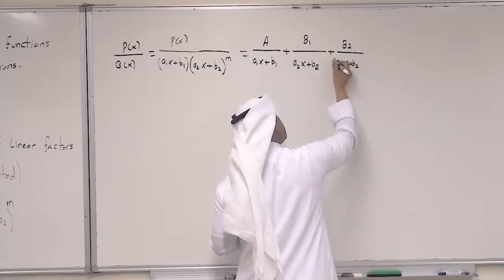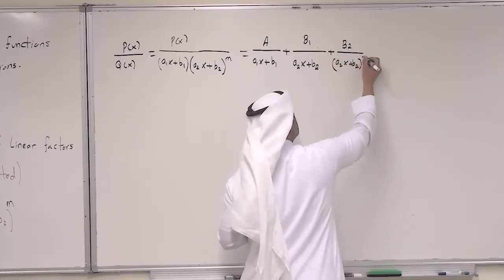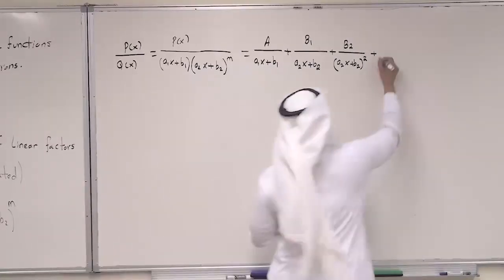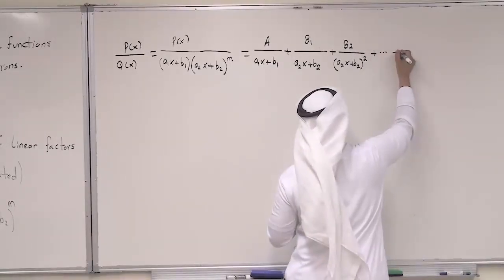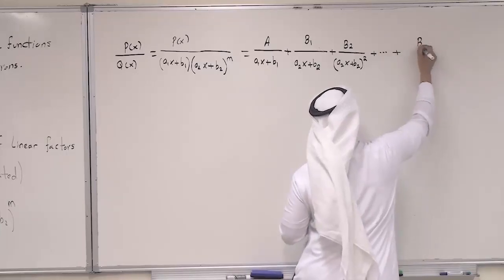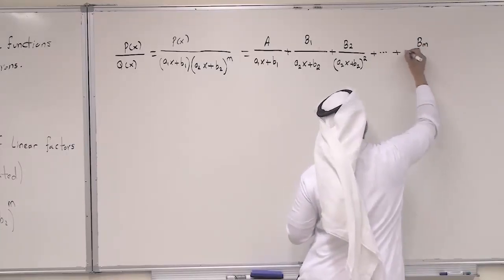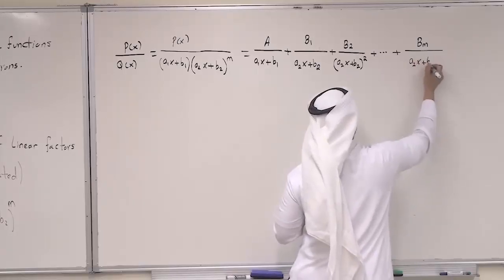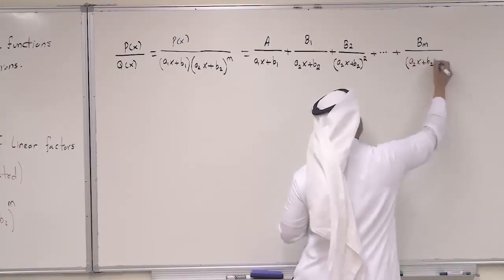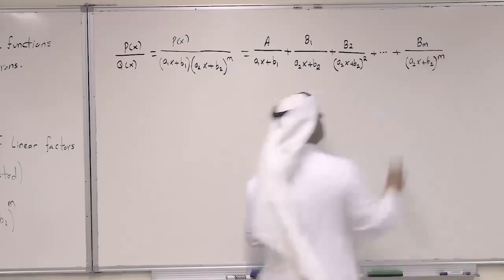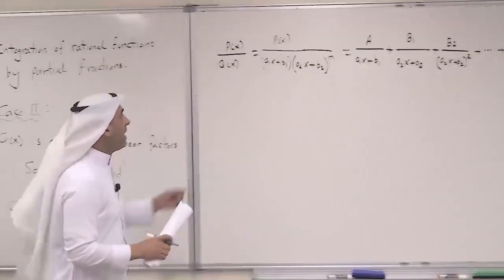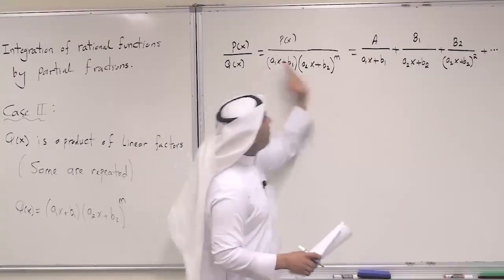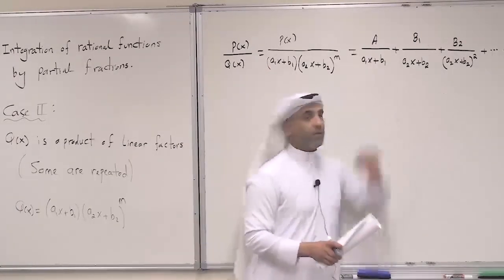Now we start increasing the power, plus and so on, until we reach the last one, the m-th constant. So it is Bm divided by (A2x plus B2) to the power m. So this is always possible. If we have linear factors, some of them repeated, then we can always decompose the fraction into such types of fractions.